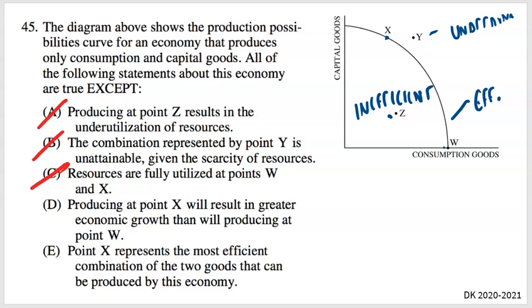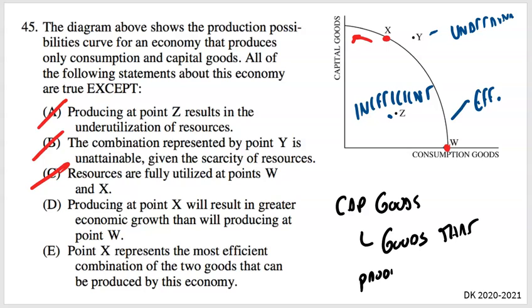Part D, producing at point X will result in greater economic growth than producing at point W. Well, here at point X, we're closer to capital goods. At point W, we're only producing consumer goods. And so remember what we talked about with capital goods, right? Capital goods are just goods that produce other goods.